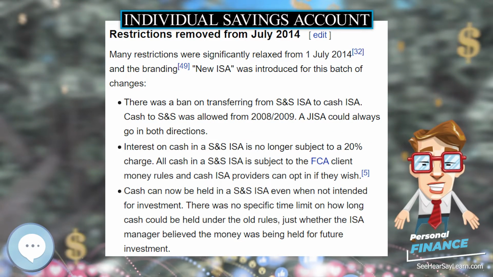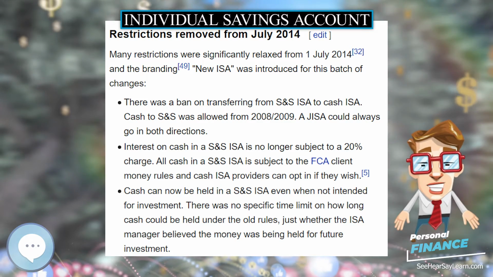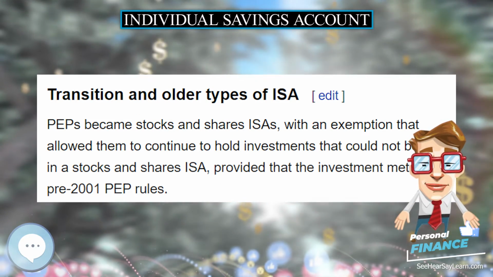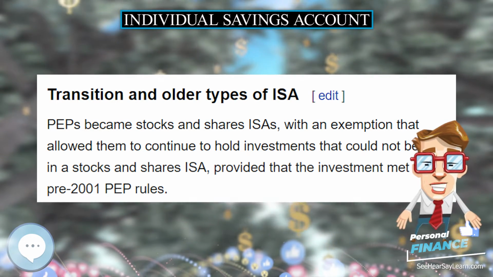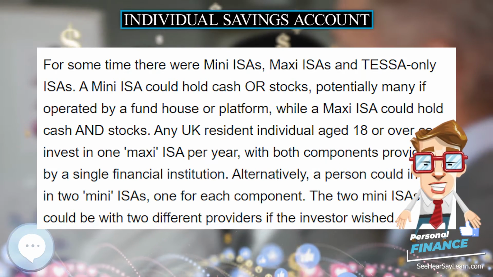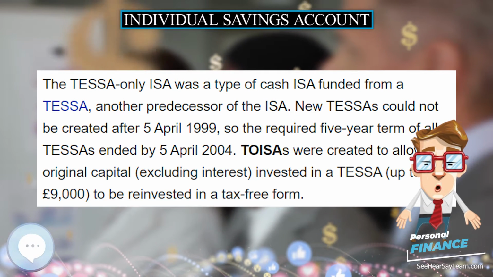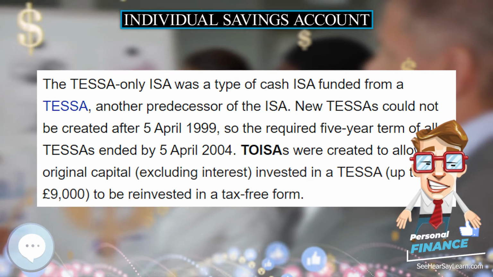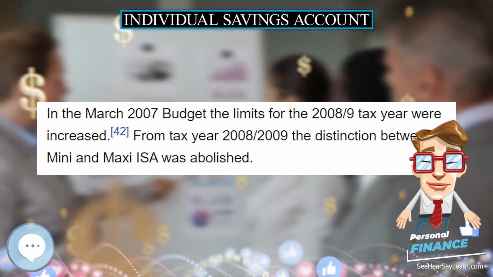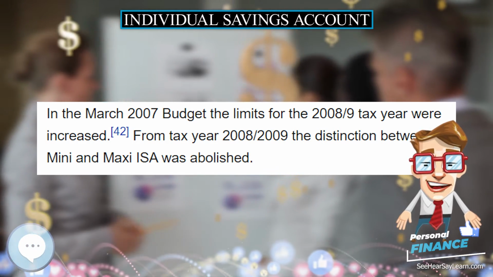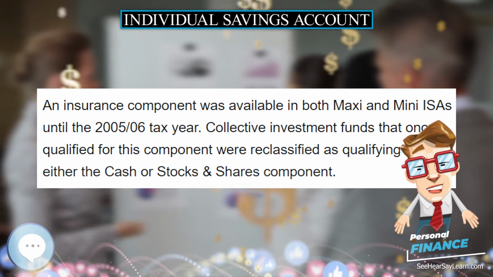Innovative Finance ISA. Innovative Finance ISAs, IFISAs, became available from the 6th of April 2016. They are similar to cash and S&S ISAs but designed to be used for peer-to-peer lending investments, which were not previously eligible to be held in an ISA. Only platforms with full FCA authorization, and ISA manager status, are eligible to offer IFISAs.